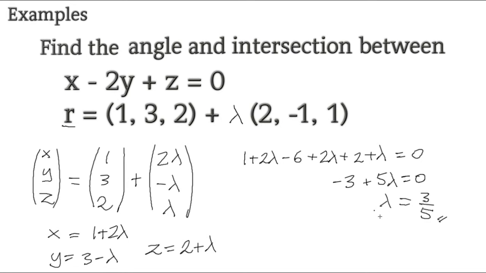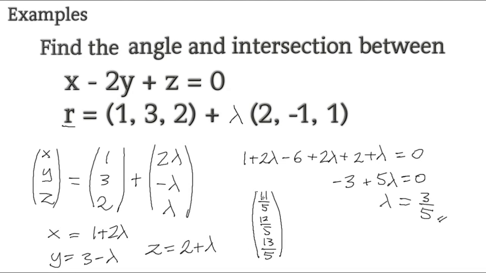That is a very important value to obtain. Now to find the actual intersection point, we substitute the lambda value into the r equation, and essentially we can substitute into these three equations, and that should give you 11 on 5, 12 on 5, and 13 on 5 as the three values.